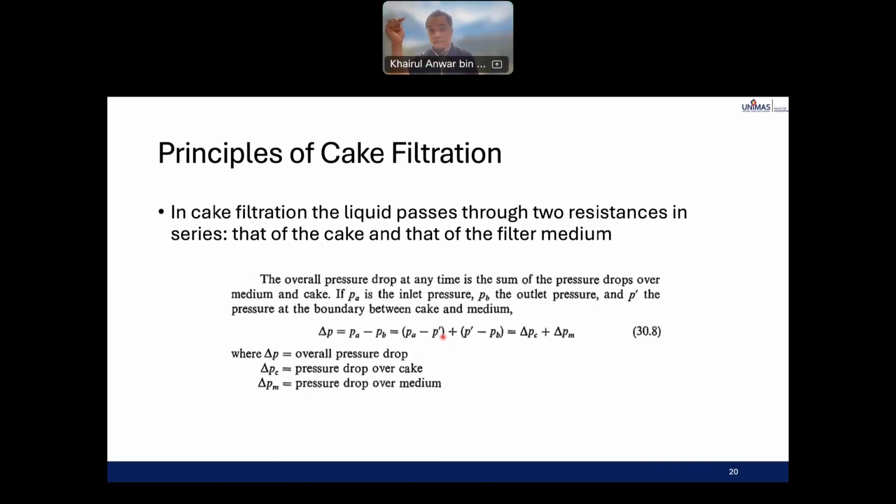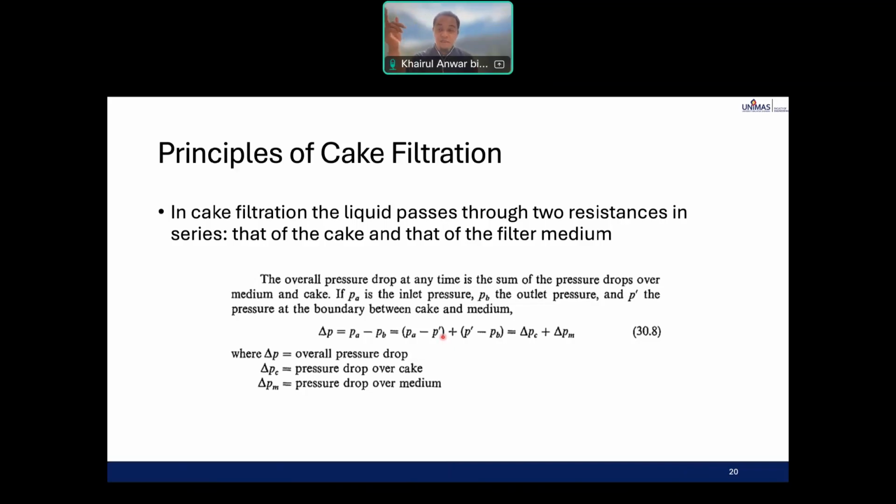So there's a pressure gradient, which is true. In order for the filtration to operate, there will be a pressure difference, delta P. Otherwise, it cannot be done. So that one is equal to delta PC plus delta PM.